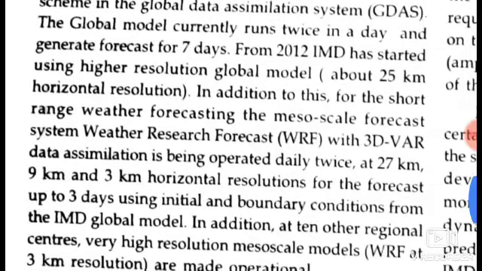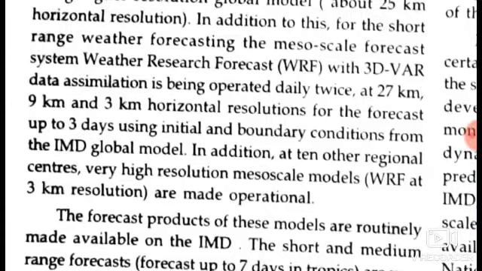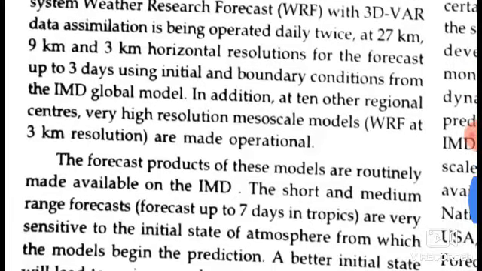In addition to this, for short-range weather forecasting, the mesoscale forecast system, Weather Research and Forecasting (WRF) with 3D-Var data assimilation, is being operated twice daily at 27 km, 9 km and 3 km horizontal resolution for forecasts up to 3 days, using initial and boundary conditions from the IMD global model, in addition to 10 other regional centers.